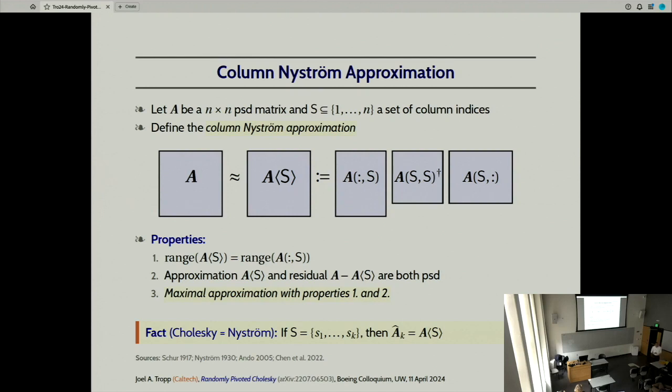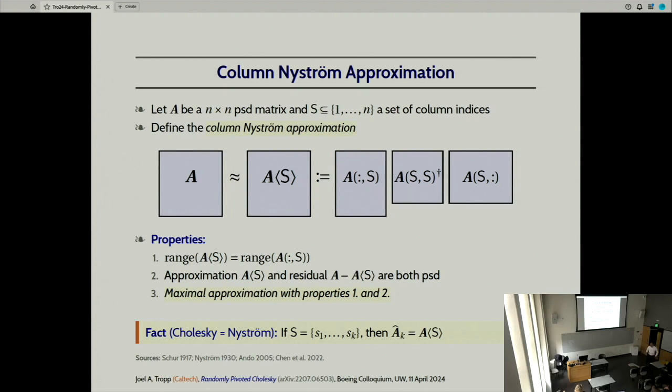It's less obvious that the Schur complement is positive semi-definite, but this tells you that somehow this is a very natural thing to do. And moreover, this is the maximal approximation of the matrix A, whose range agrees with these distinguished columns and that has these two properties. So this is a very, very fundamental construction.